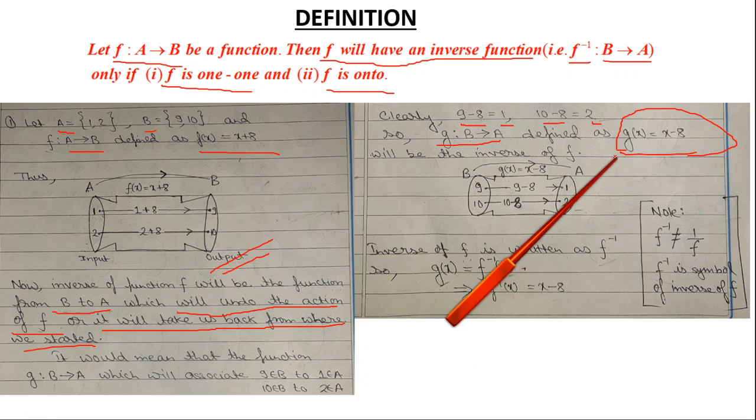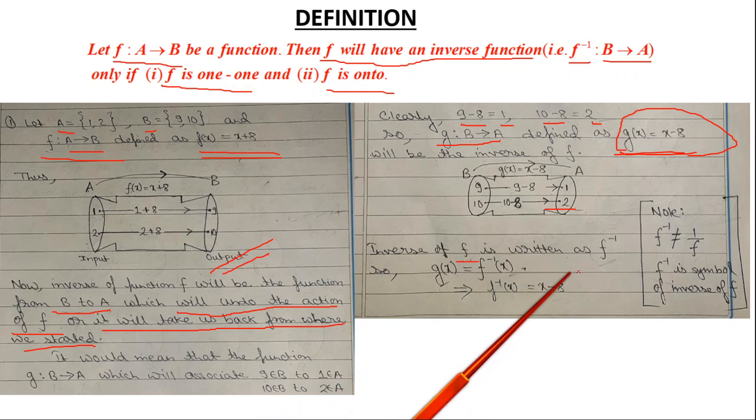So this function g is solving the purpose, because if I take g of 9, then it will be taken to 1, g of 10 will take you to 2. So here g defined as this is the inverse of this function f, which is defined as f of x equal to x plus 8.